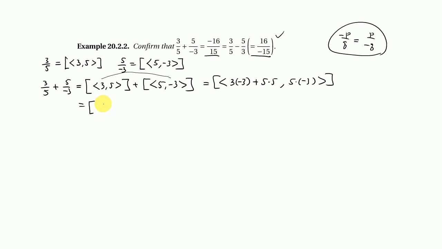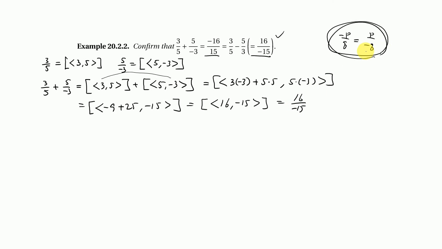So that is negative 9 plus 25, comma, negative 15. So it's (16, negative 15). So the result is 16 over negative 15, but because of what we had before, we can change this to negative 16 over 15, which can be here, right? So we showed that.